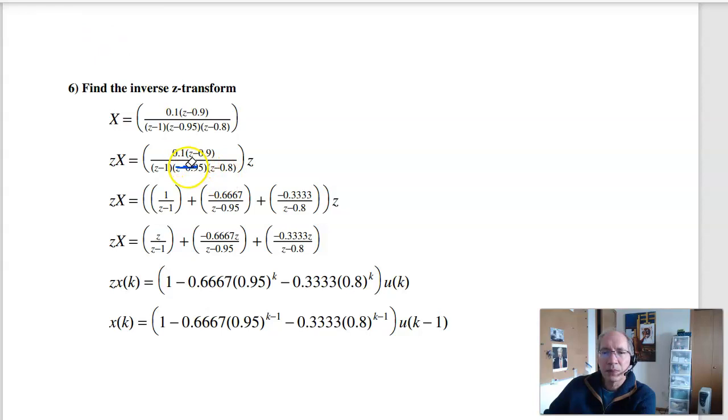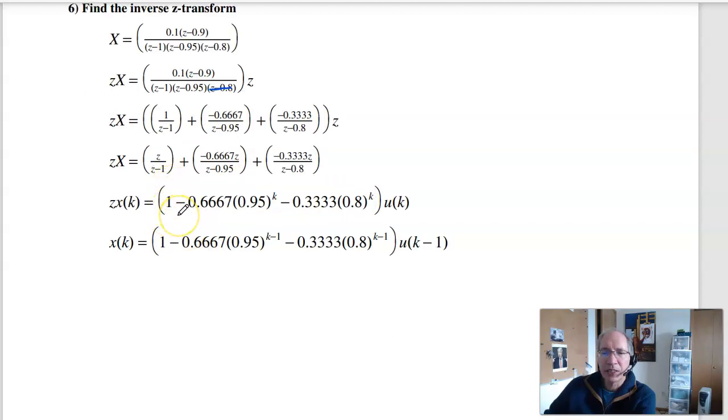Finally, to get the last term, I cover up the z minus 0.8, evaluate at z equals 0.8, I get minus 0.333. Multiply through by z, take the inverse z-transform. There's your 1 minus 0.667 times 0.95 to the k, minus 0.333 times 0.8 to the k.